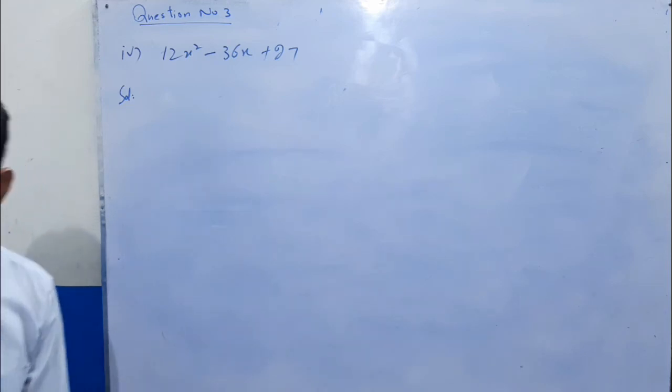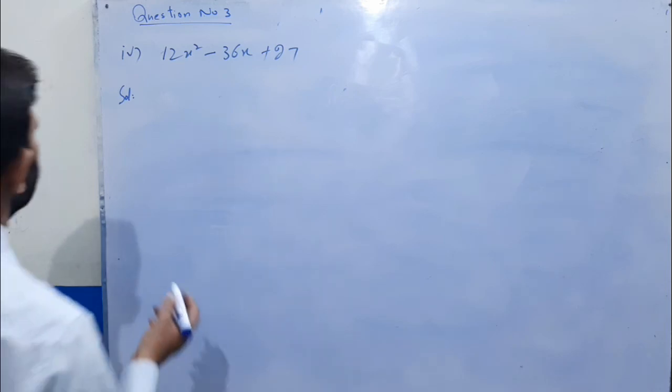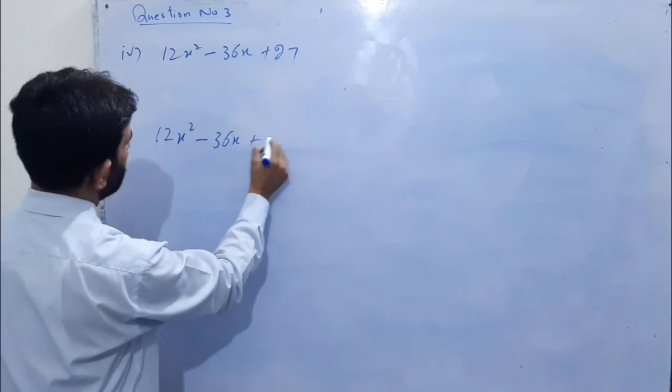Question number 3, fourth part. It's 12x square minus 36x plus 27. After writing solution, write the question again. 12x square minus 36x plus 27.